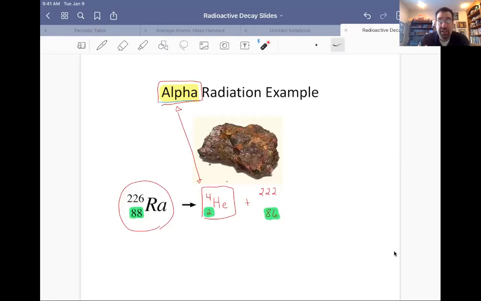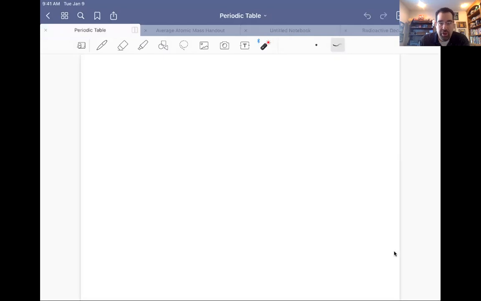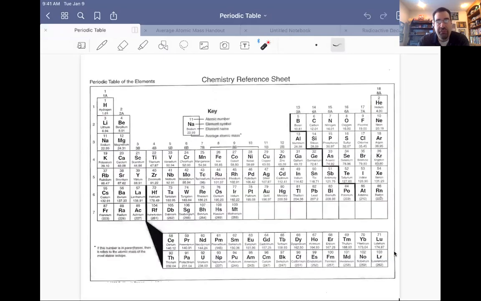And so you'll see in today's assignment, I have included a copy of the periodic table so that we go to the periodic table, and then we're going to find element 86, which is right down here in the corner, right? You can see the atomic number is 86. And so then now that element has become radon.